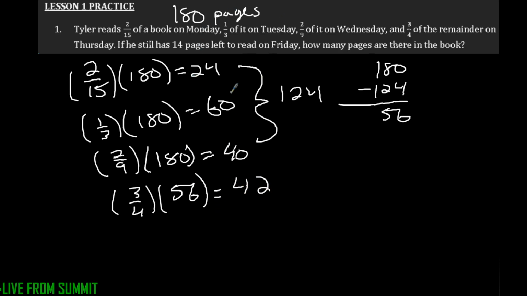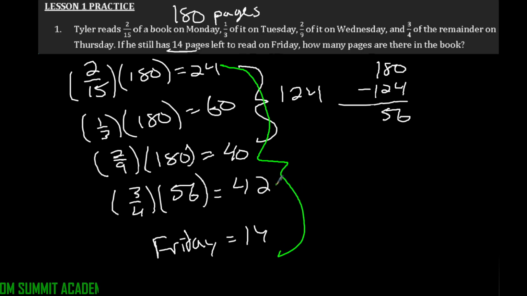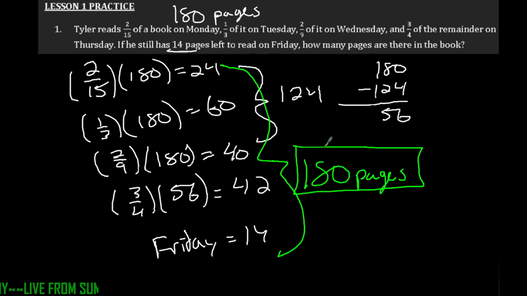And then on Friday, we had 14 pages. So that'd be Friday is 14. If we add all 5 of these together, it's going to be 180 pages. So you have to try playing around with some of those numbers to get your answer.